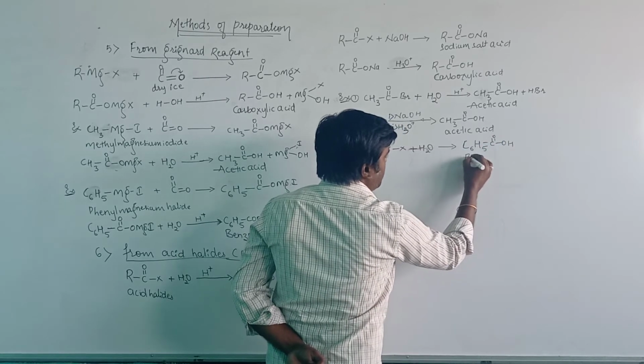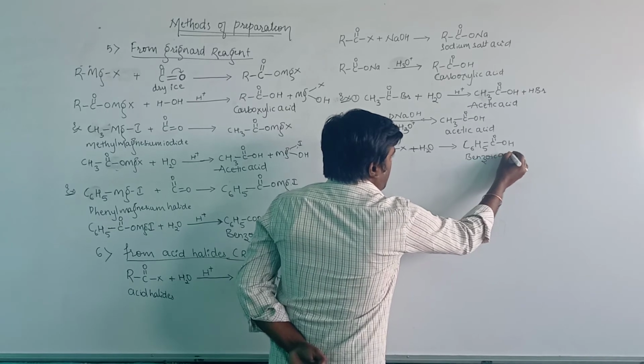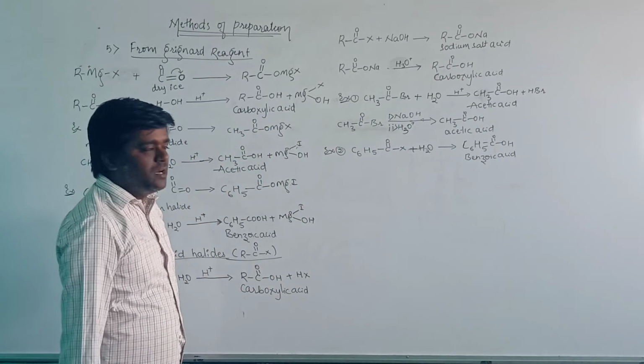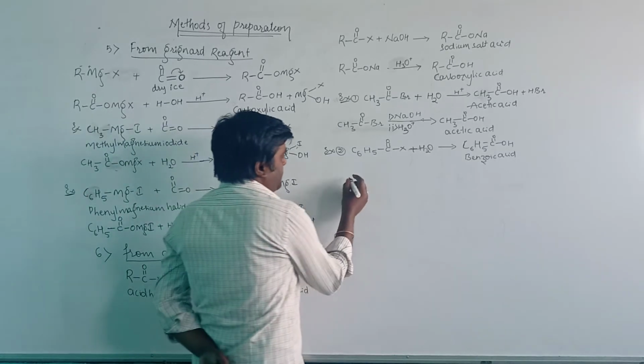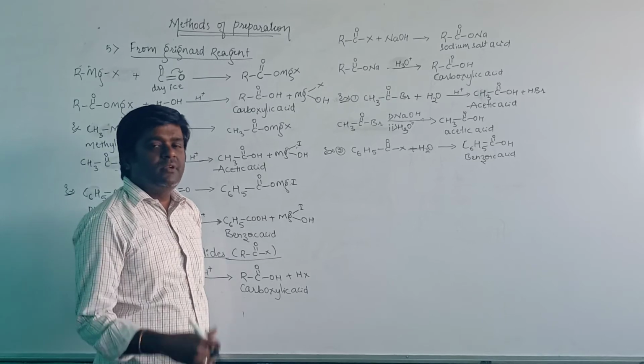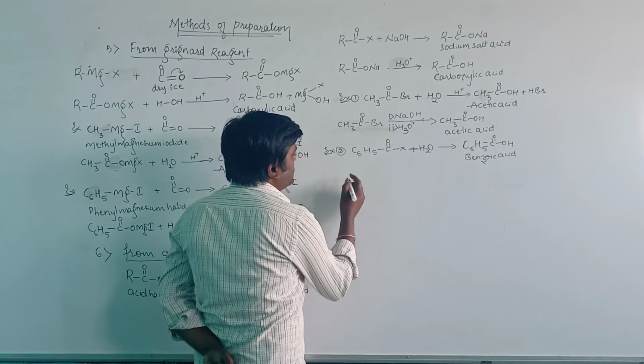The main product will be benzoic acid. When we treat this acid halide with sodium hydroxide or potassium hydroxide, first it will produce the sodium salt of benzoic acid, and further which on acidification produces benzoic acid. Okay.